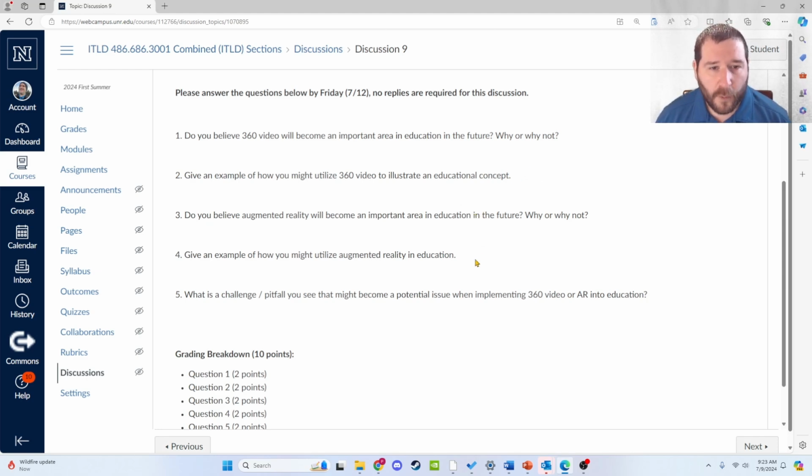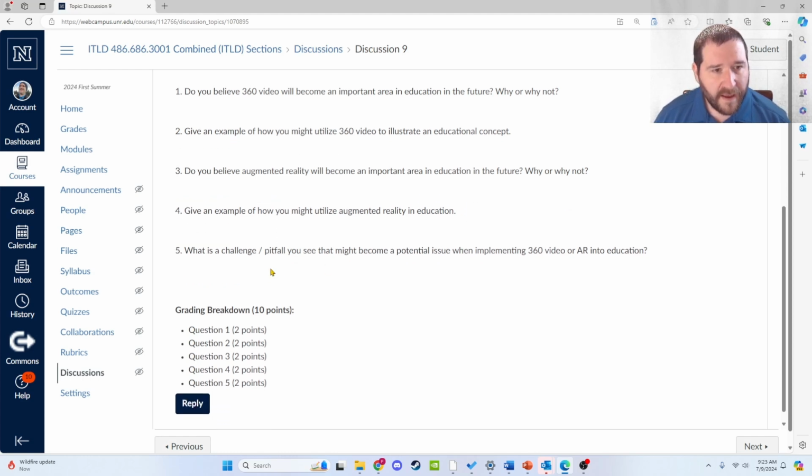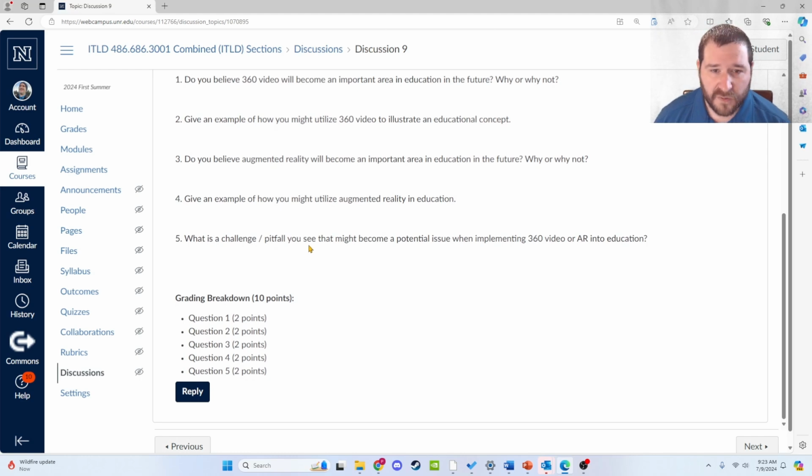Questions 3 and 4 are the same as 1 and 2, but for augmented reality. Still thinking about those different ideas, these new technologies. And on 5, I'm wondering what challenge or pitfall you see in either of these technologies, and how might that cause some issues? Those are our 5 questions for discussion 9.